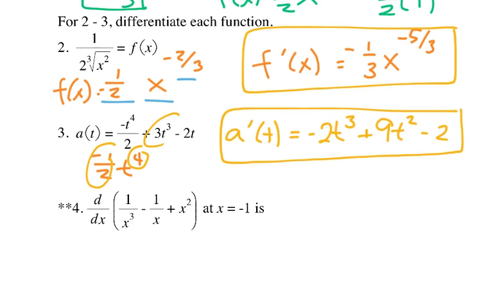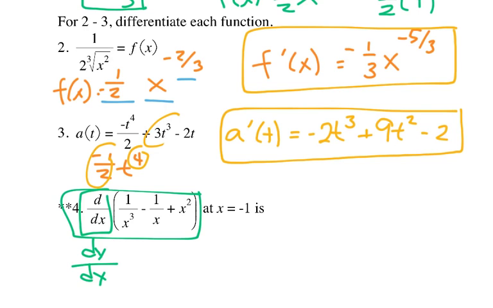And then our last problem here, this is just another way of saying find the derivative, d dx. Sometimes you'll see dy dx, find dy dx. This is the same thing as that.